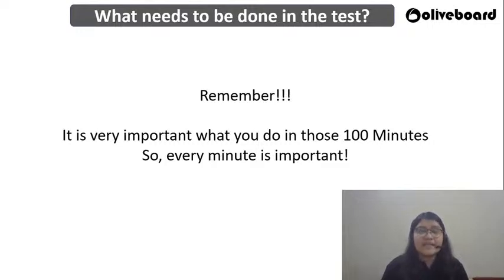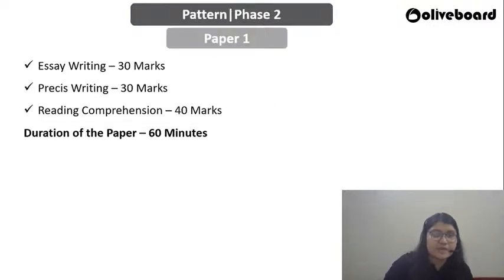But one thing nobody can change: whatever you have done is going to be reflected in your paper, and those 100 minutes that you get are very important, because that is what will decide whether you will be moving forward to the interview stage or not. Every minute counts for us, so we need to be very structured in our way of attempting that examination. Let us see how we need to do that.